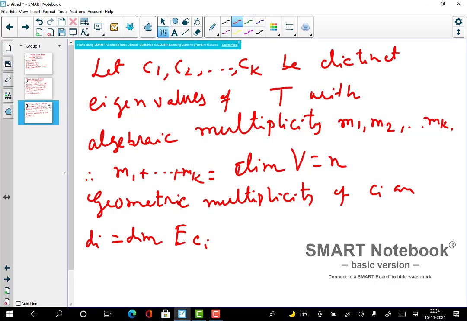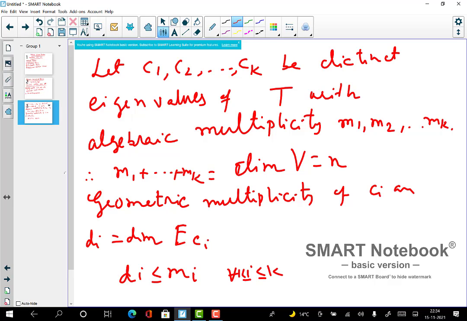If T is not diagonalizable, then you can find at least one eigenvalue whose geometric multiplicity is strictly less than its algebraic multiplicity. We know that di is always less than or equal to mi, and the linear operator is diagonalizable if and only if di equals mi for all i from 1 to k.